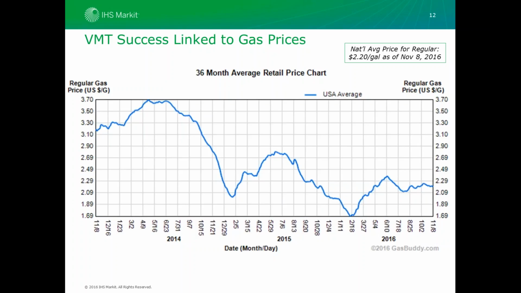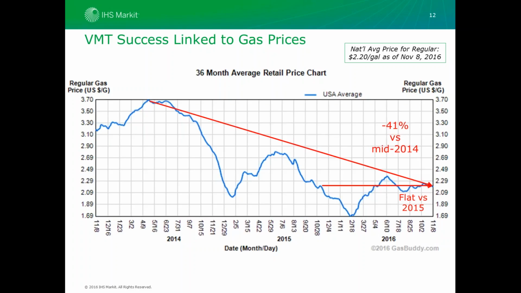The national average for a gallon of regular as of November 8th was $2.20 a gallon. That keeps us basically flat to where it was in 2015. However, when you look back a couple of years, it's down about 41% since mid-2014.